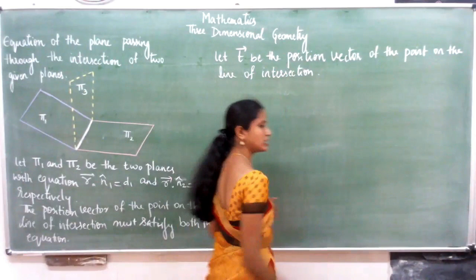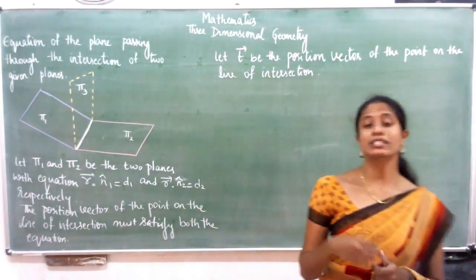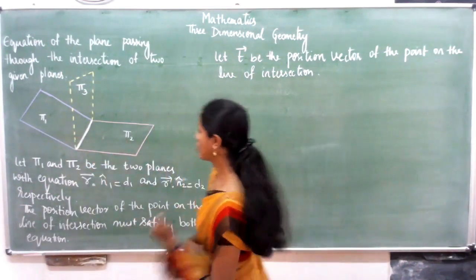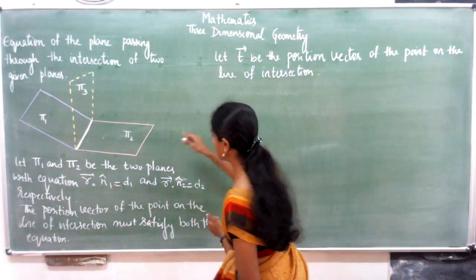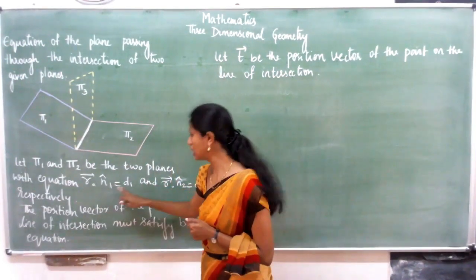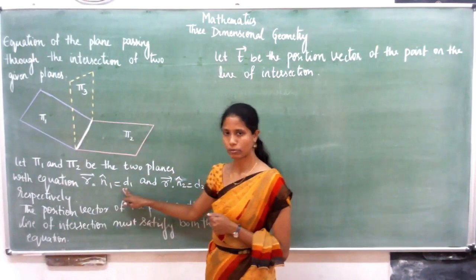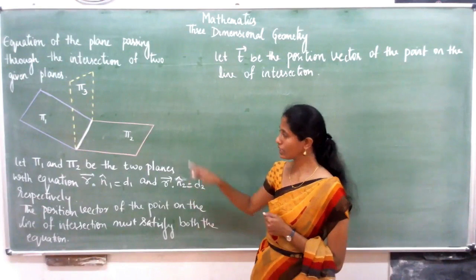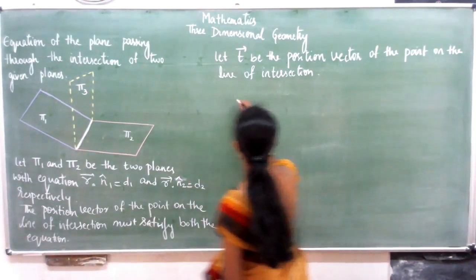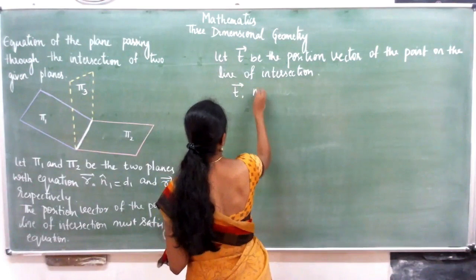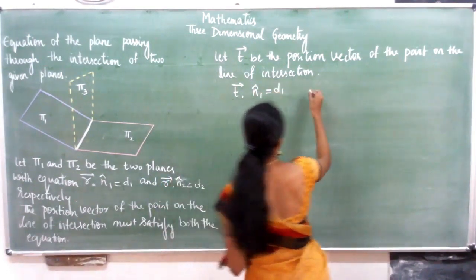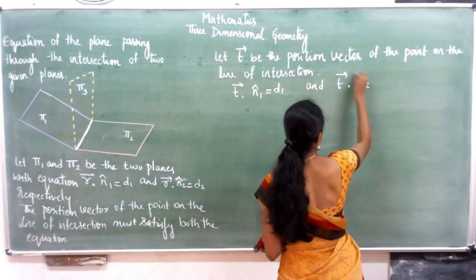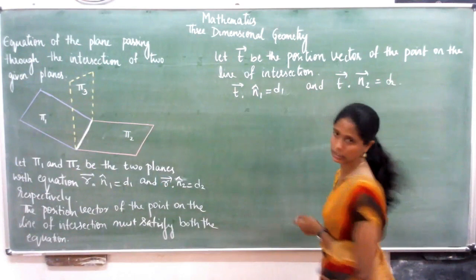So as I have already said, this position vector will satisfy the equation of both the planes pi 1 and pi 2. So from that I can write the equations vector r dot n1 cap is equal to d1, which is the equation of the plane pi 1, and vector r dot n2 cap is equal to d2, which is the equation of the plane pi 2, as vector t dot n1 cap is equal to d1 and vector t dot n2 cap is equal to d2.